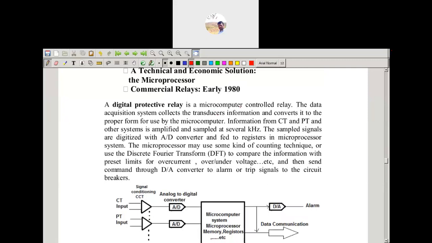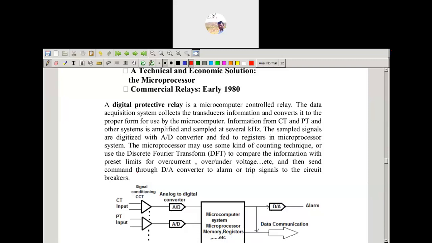A transducer is one type of signaling device which converts one signal to another. It takes the information and converts it to the proper form to be used by the microcomputer. So the information from CT and PT and other systems is amplified and sampled at several kilohertz, because in AC we are using only 50 Hz.